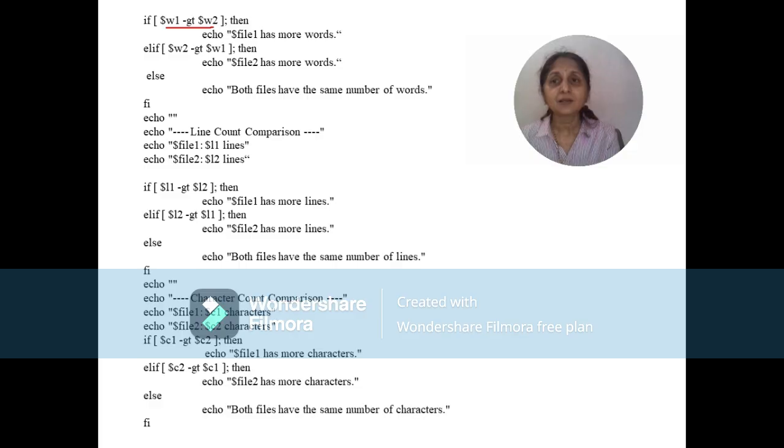We are comparing whether W1 is greater than W2. That means the number of words from file 1 is greater than the number of words from file 2. If the condition is true, then it will display this message: file 1, $file1, whatever is your file name, has more words. If this condition is false, the control comes to elif, and now we want to check whether W2 is greater than W1.